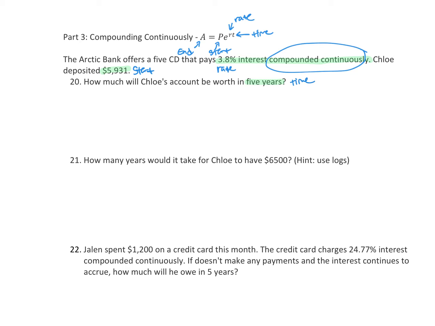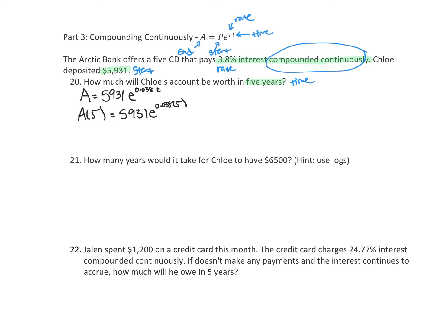So let's set up our equation. Our end amount is equal to our start value of 5,931 times E to the power of our rate in decimal form, 0.038, times T. Plugging in my time of 5 years, A of 5 is equal to 5,931 times E to the 0.038 times 5.